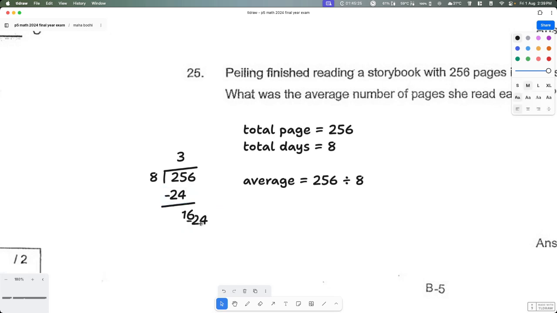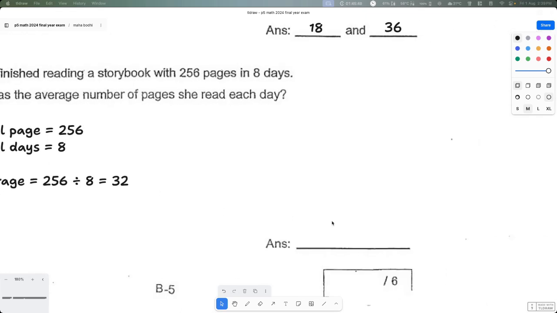And then we can minus 16, and this will give us 0. So 3, and 16 divided by 8 is 2. So the average is 32. With that said, let's move on to the next question.